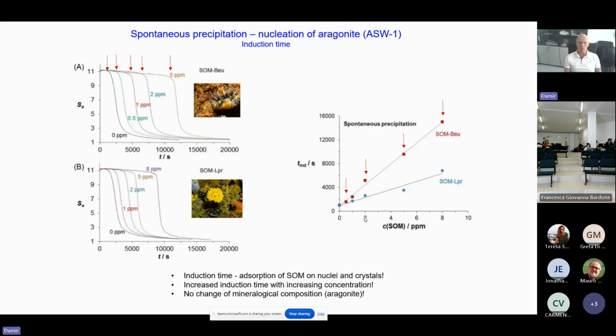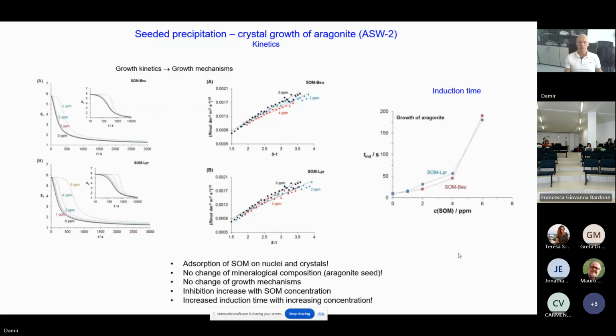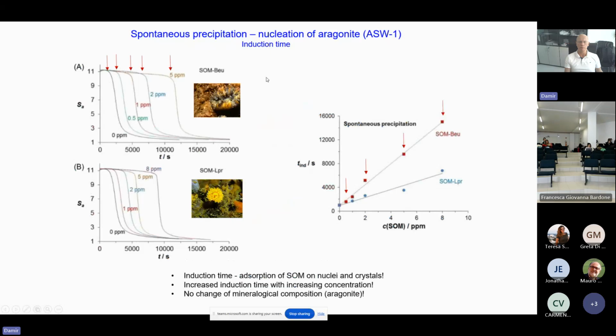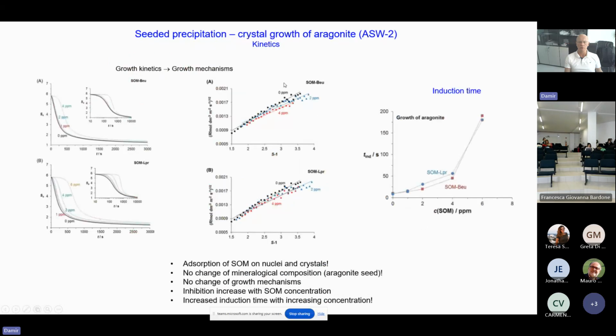What is important to emphasize also is that there was no change of mineralogical composition with addition of additive. So that was the first set of experiments performed at high supersaturation.